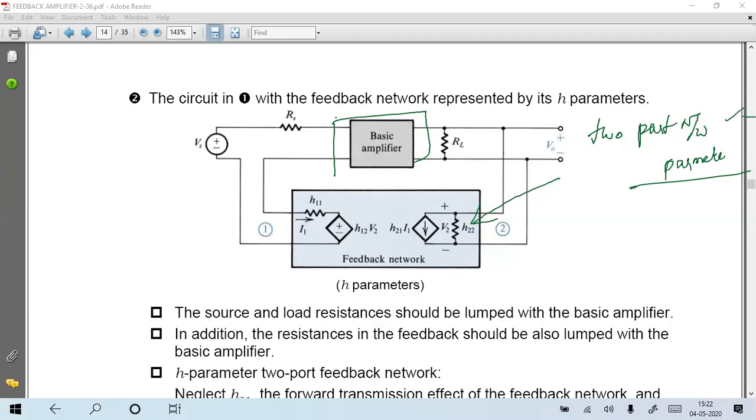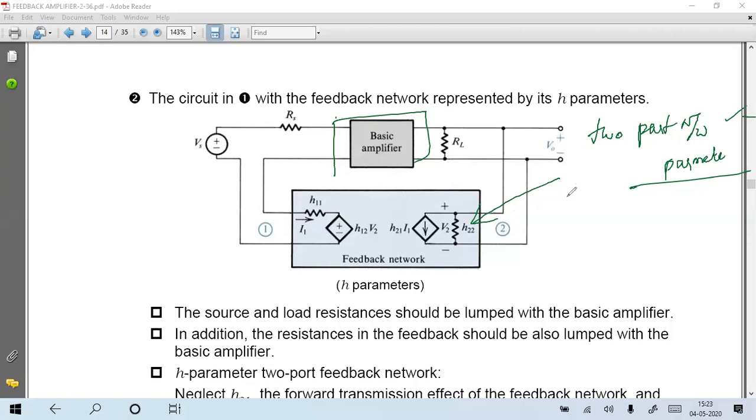Because this is also a two port, with two pins as input and two pins as output, we can replace this feedback network by the two port network parameters. What are the two port networks we discussed already? First is the impedance network.